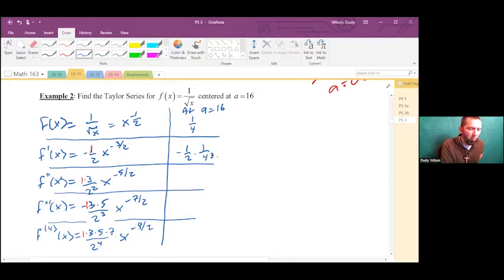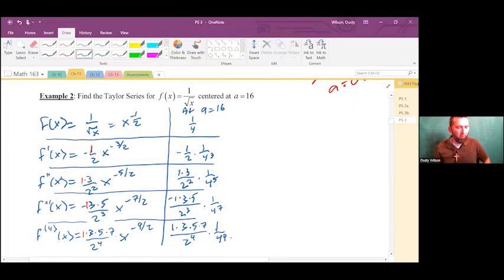So if I have 4 cubed, and then positive 1 times 3 over 2 squared times 1 over 4 to the 5th power, and then 1 times 3 times 5, but negative, over 2 cubed times 1 over 4 to the 7th power, and 1 times 3 times 5 times 7 over 2 to the 4th power times 1 over 4 to the 9th power.